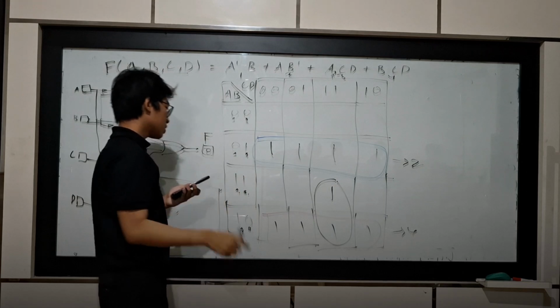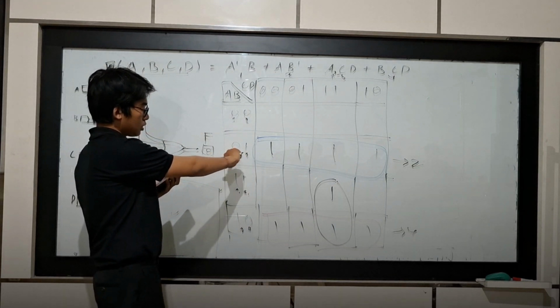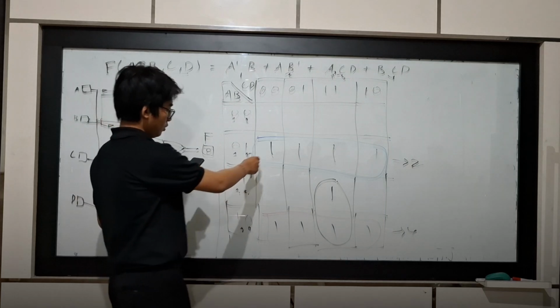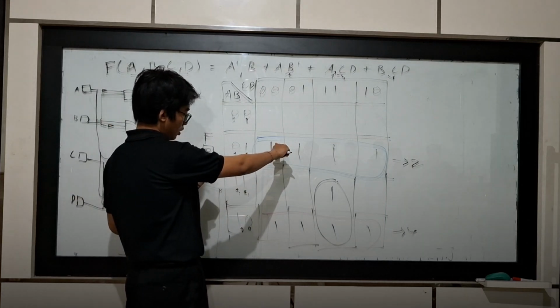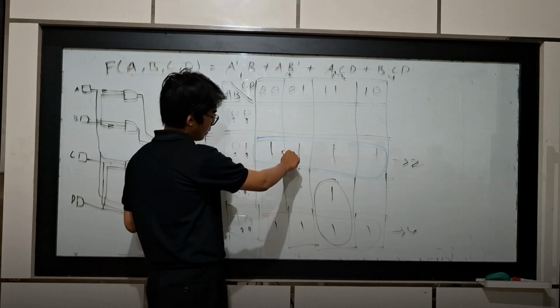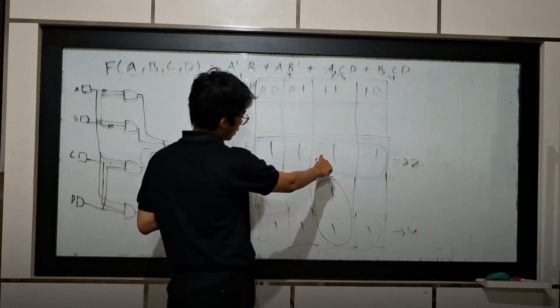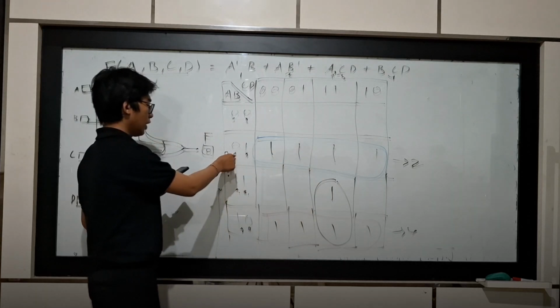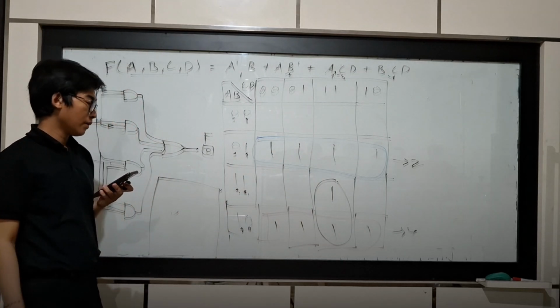The equation is A0 and then B1. You know, from the first equation to the second equation, to the third equation, to the fourth equation, it's always A0 and then B1.